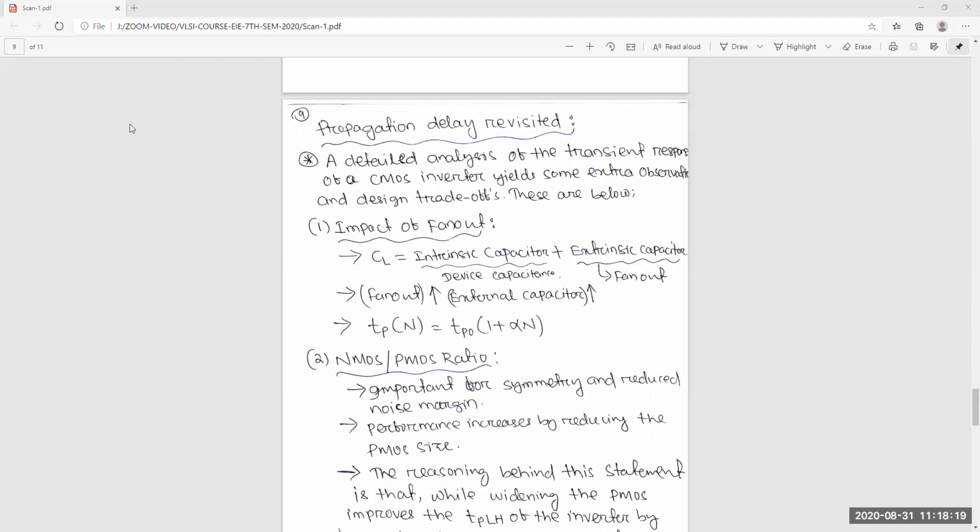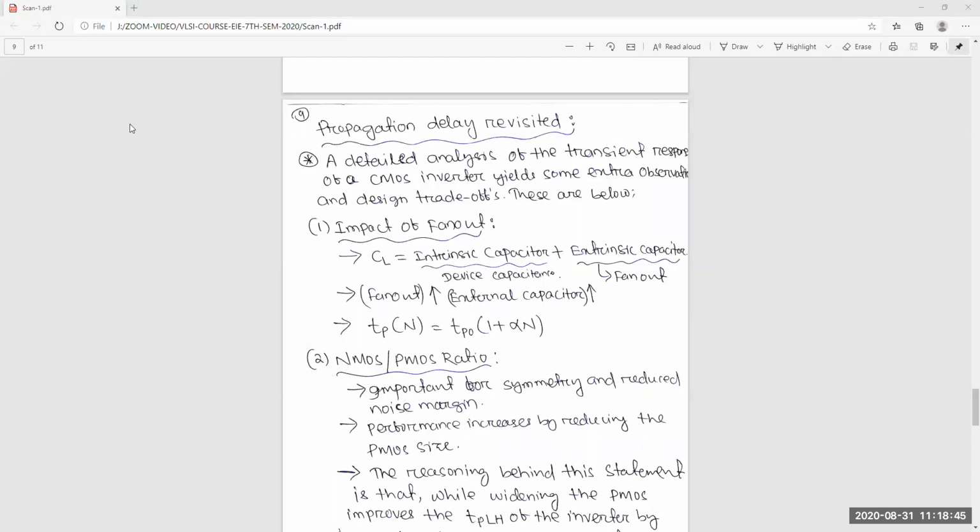For that, we generally size the PMOS around 3 times or 2.5 times the NMOS, to get exactly the same TPHL and TPLH, or to get a symmetrical VTC. Generally we size the NMOS and PMOS this way.